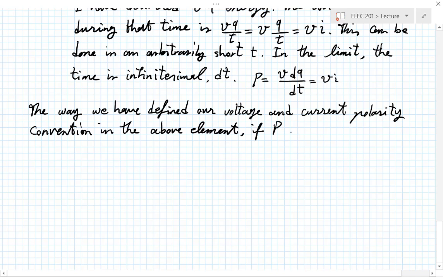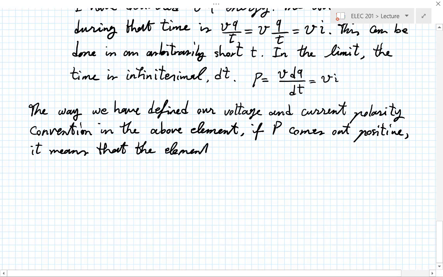If P comes out positive, it means that the element is, you could say, absorbing, receiving, consuming power.